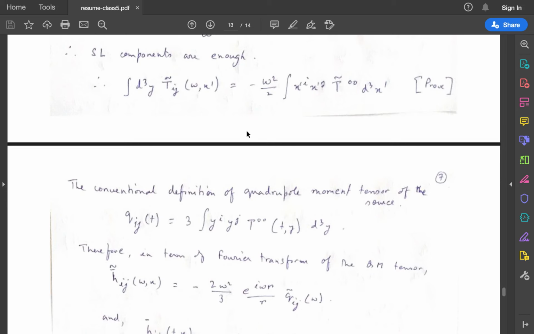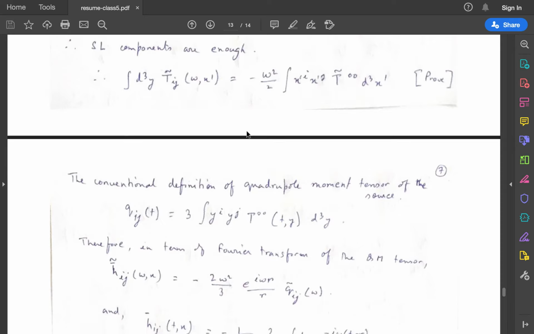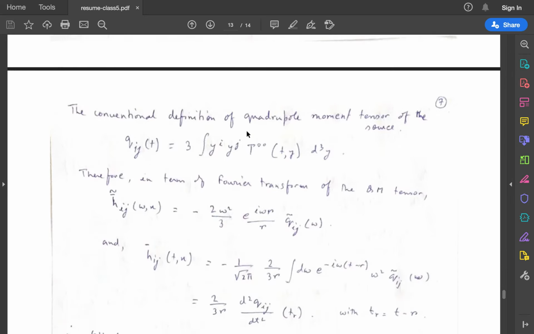Usually in gravitational wave papers, it is convention to define what is known as the quadrupole moment tensor of the source, Q ij, which is nothing but 3 times, and instead of always writing x prime, let us change our coordinate to y. So in general coordinates this is 3 times the integral of y i y j T 0 0 of t, y d cube y.